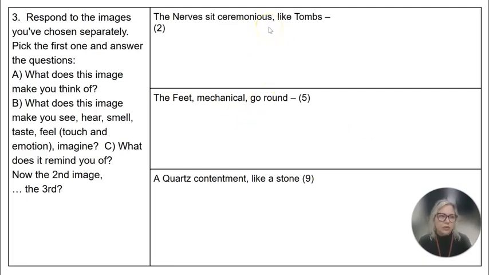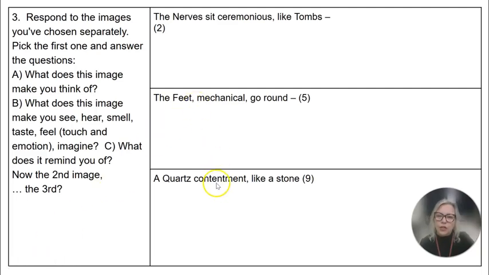When you get to the actual writing of the essay, you're not going to write, it reminds me of being in church as a little girl and I hated it. But right now, as we're doing this initial brainstorming, you're going to write those kinds of things and let your answers just be these initial brainstorming responses where you are feeling and writing down what you feel.